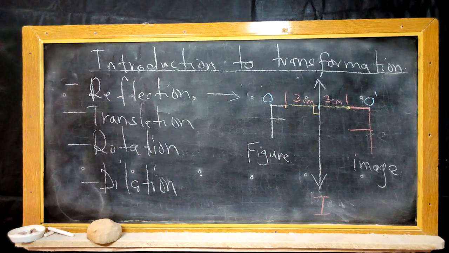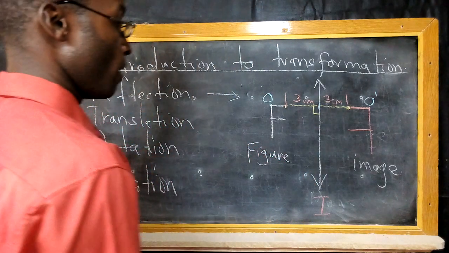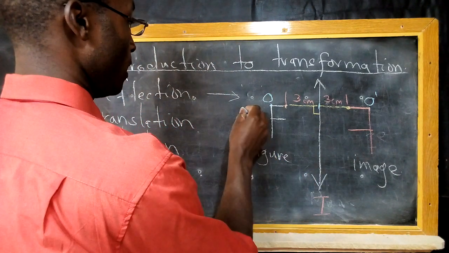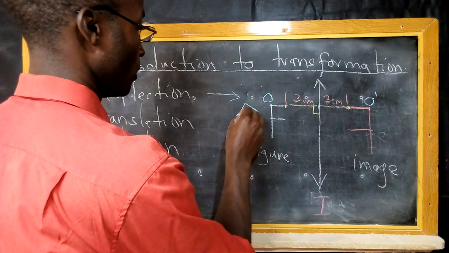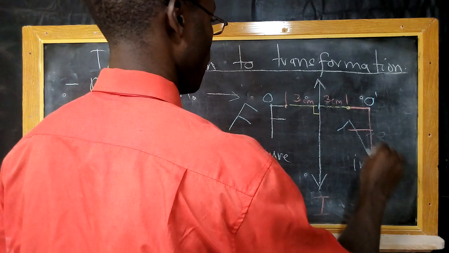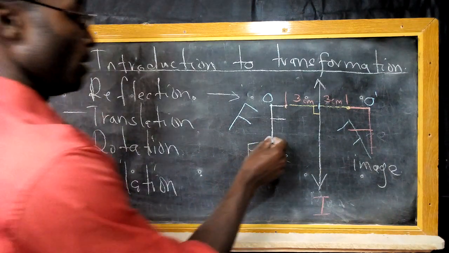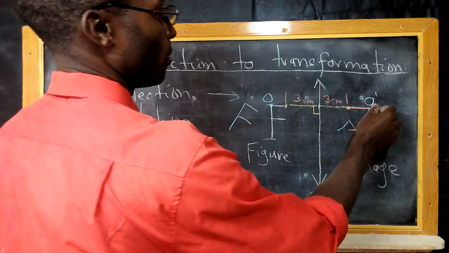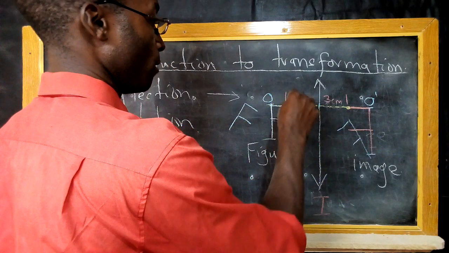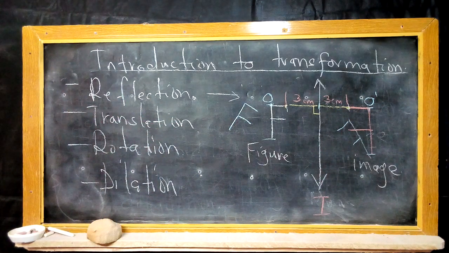And if this was a geometrical shape, maybe a triangle, or if I had the orientation of this particular object like this, then on the other side it will appear at the same angle. So the first characteristic is that the length of the sides are preserved, implying that this length from here will be the same as the length from here, for the object or figure and the image respectively.